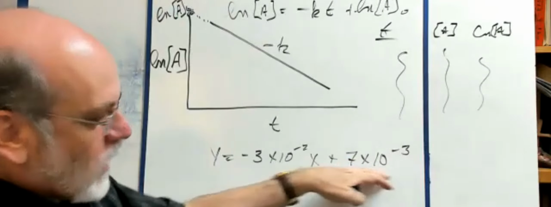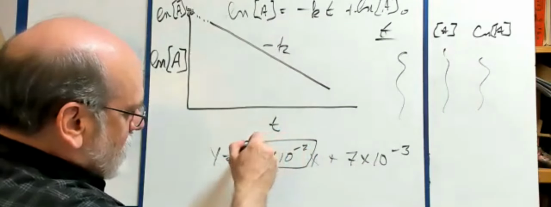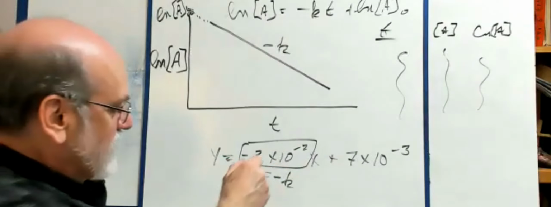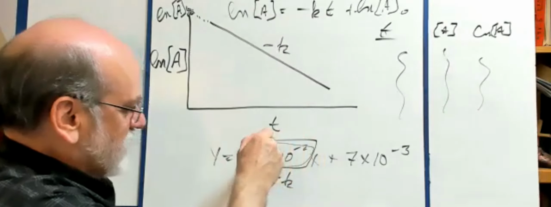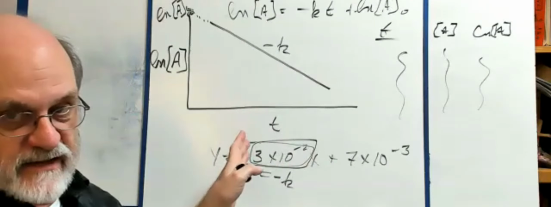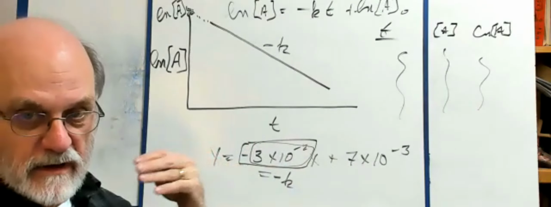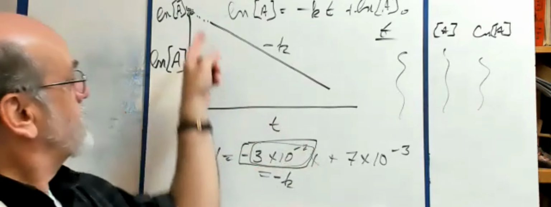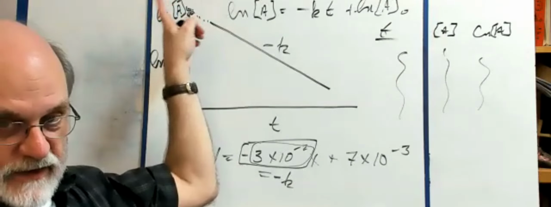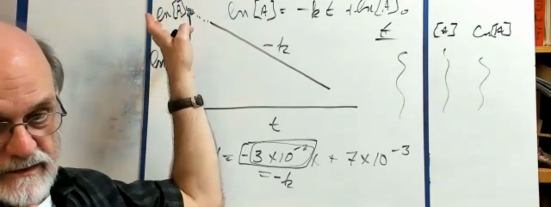If you have that equation defining this line, you know that this right here is equal to negative k. So what's k? K is this term right here without the negative sign. So if you know the slope of the line, you can find k very easily. If you need to know the y-intercept or the A0, then you just look for its intercept here. Now that's the log of A0.